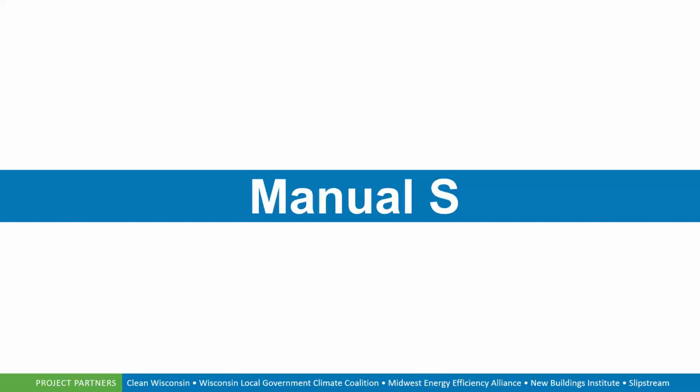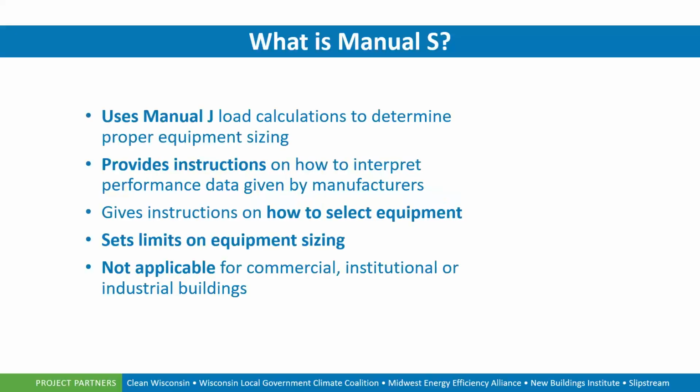So we take all that information, we go to the Manual S. The Manual S uses the Manual J calculations, as I talked about, to determine proper sizing. It also gives us the instructions on how to interpret performance data from the manufacturers. The manufacturers will have all types of charts listed for heating and cooling capacities.